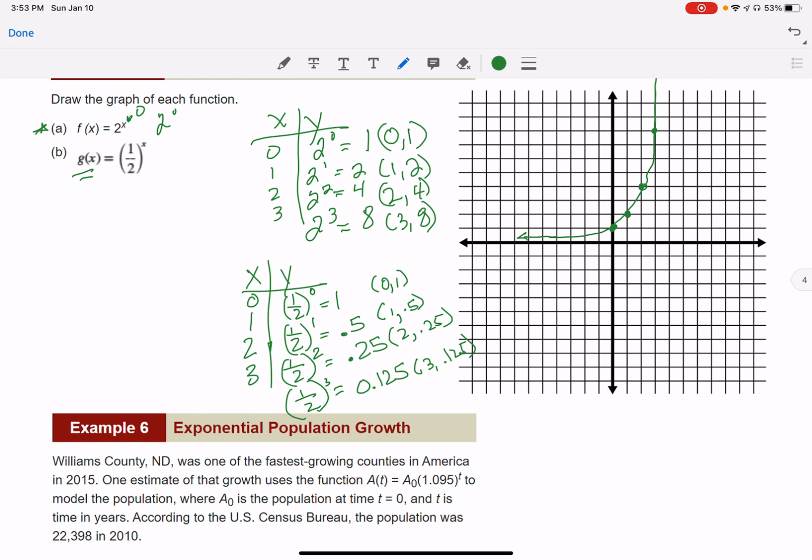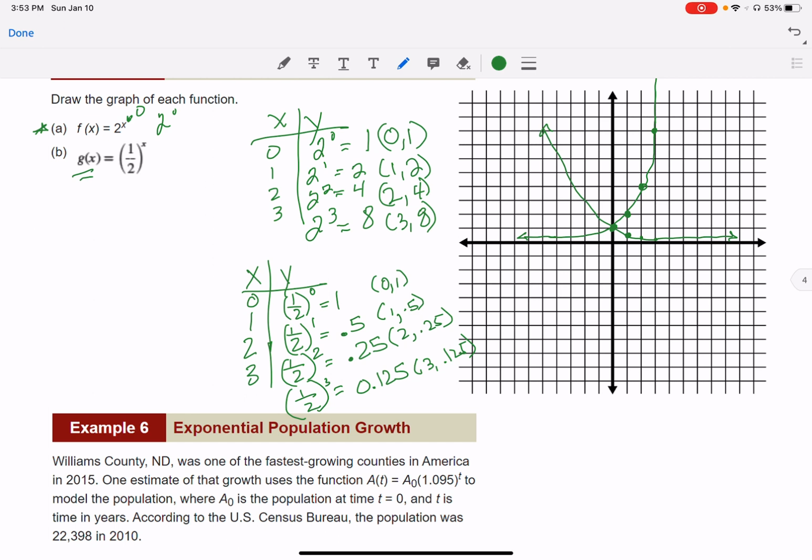When x is 1, y is 0.5, which is about right here, halfway. When x is 2, y is 0.25, which is a little bit closer. Notice it's getting closer and closer, and then 0.125 is a little bit closer, but not on the line. So then I can draw my graph, goes up and goes this way without touching or crossing that axis.